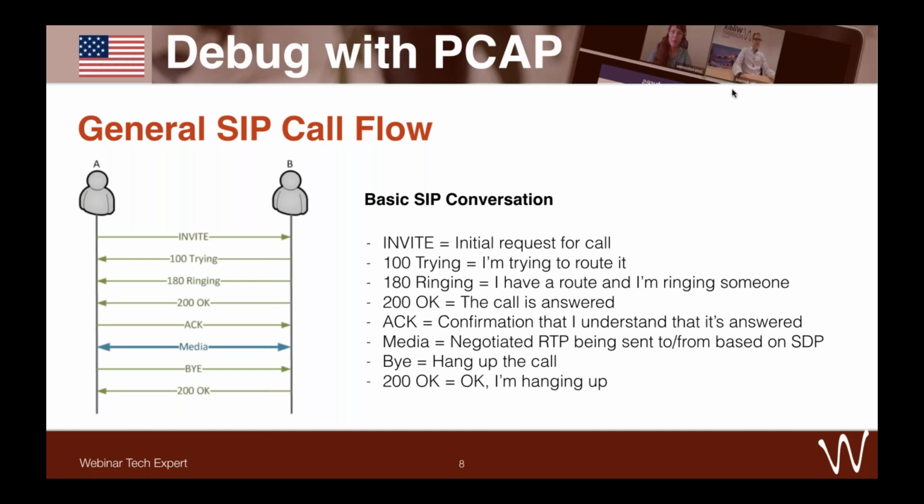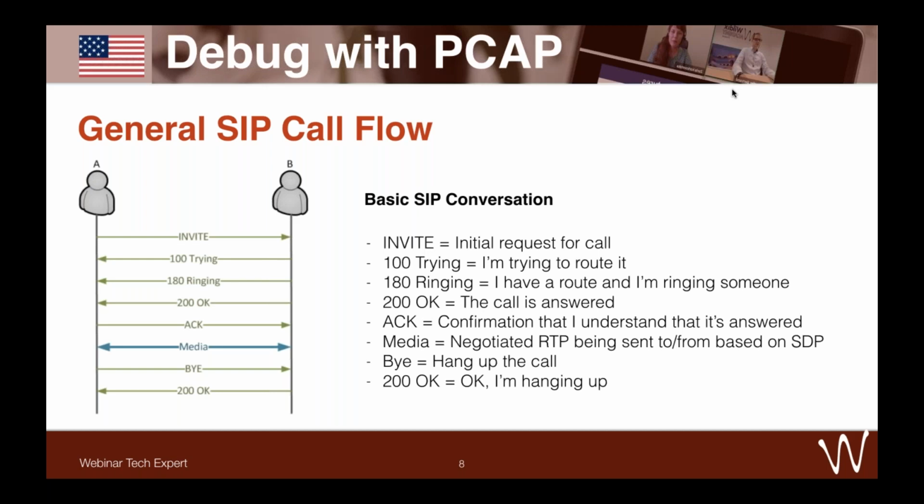And then ultimately, when you find a device that answers that call, you would send me back a 200 OK, which says that it's answered, and I acknowledge that through an ACK. At this point, typically you would start to pass media or RTP to and from the negotiated points that were identified in what is called SDP within a SIP call flow.